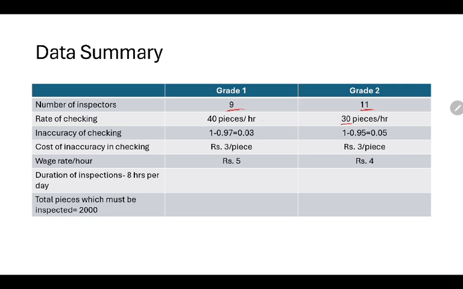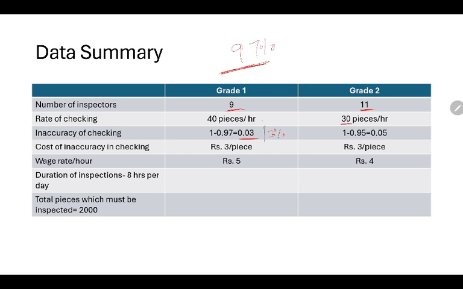And in the question it is mentioned that the accuracy of grade 1 inspector is 97%, right? So if he is checking the pieces with an accuracy of 97%, the probability of making an error by grade 1 is 3%, or we can say 0.03, right?